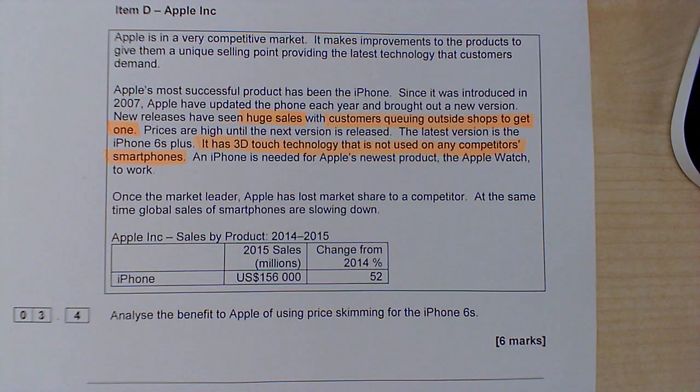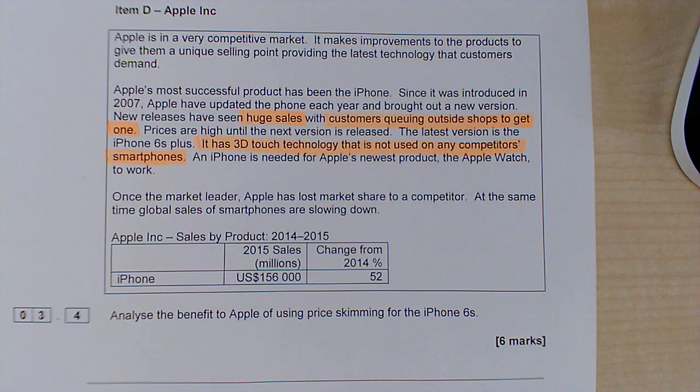Firstly, that there are huge sales of their products, so there is a huge demand for their new iPhones. I think that's relevant. Secondly, customers queuing outside shops to get one. That tells me that they've got a really loyal customer base.